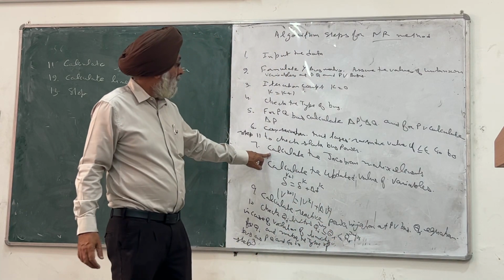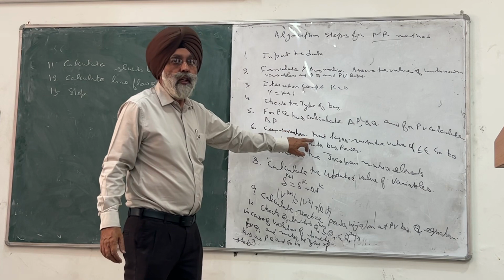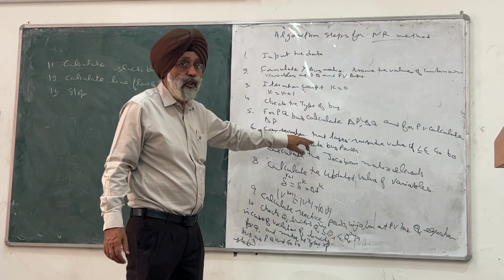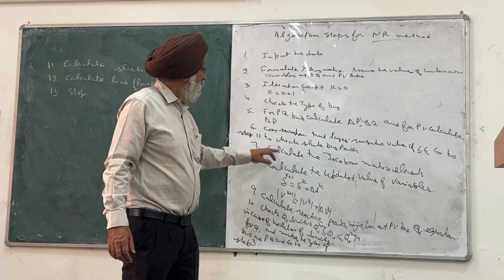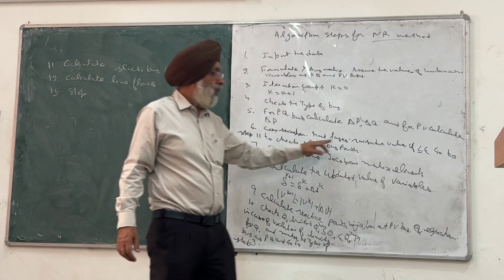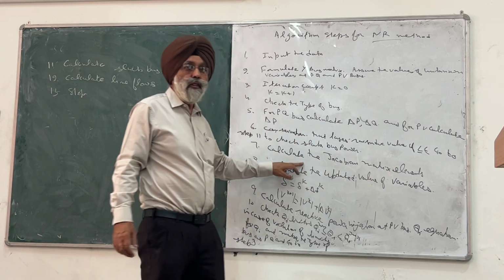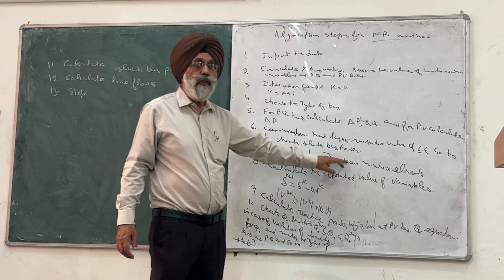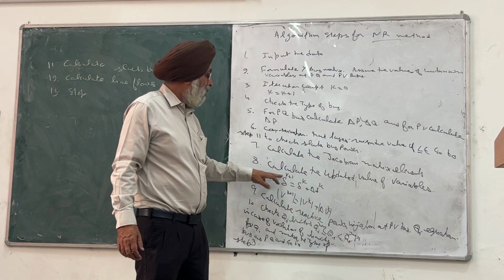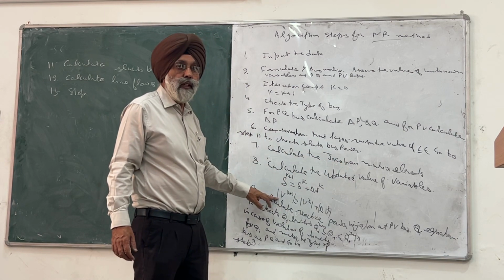Then, if the delta P and delta Q are not sufficiently reduced, then we have to formulate the Jacobian matrix. We have to calculate the elements of the Jacobian matrix, and using these Jacobian matrix elements, we can find the updated values of delta and V. Okay?